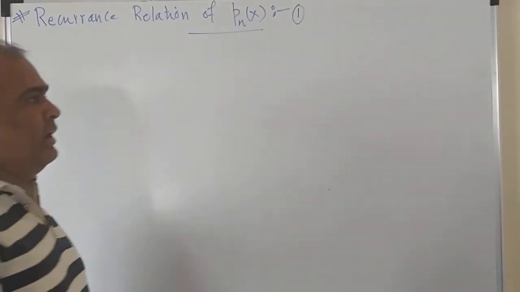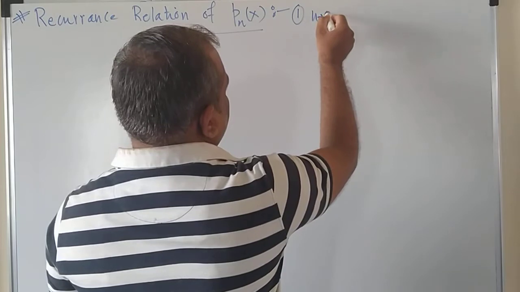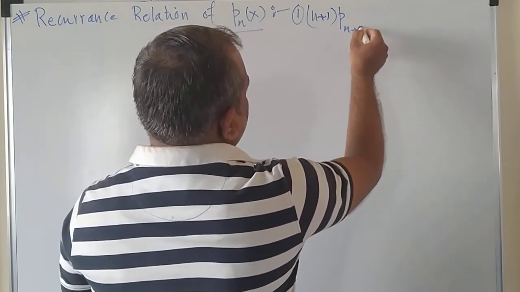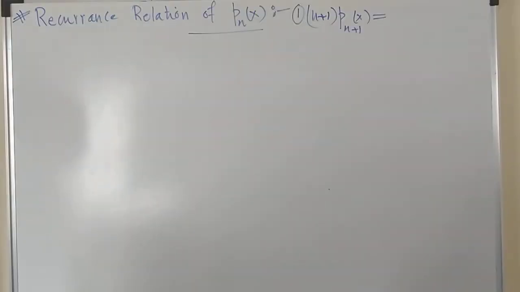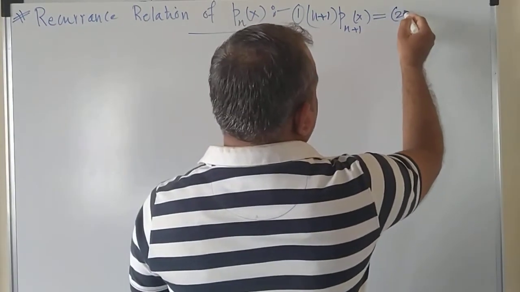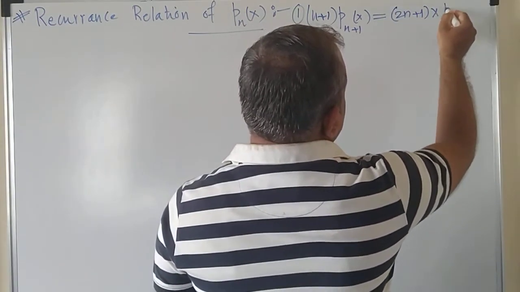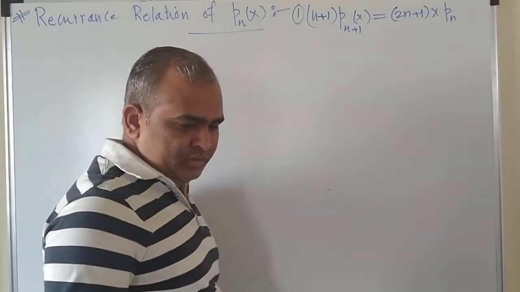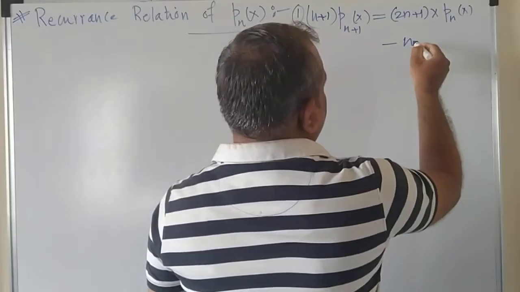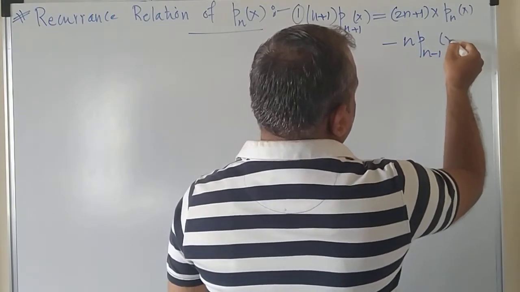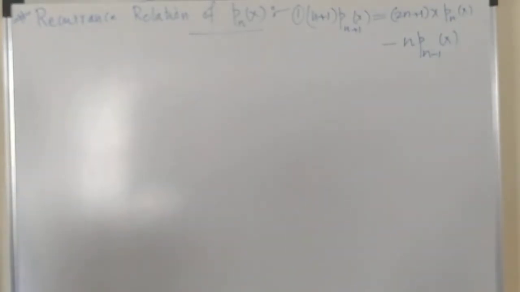The first relation that we have to prove is n plus 1 Pn plus 1 of x is equals to 2n plus 1 into x into Pn of x minus n Pn minus 1 of x. This is the first recurrence relation that we have to prove here.